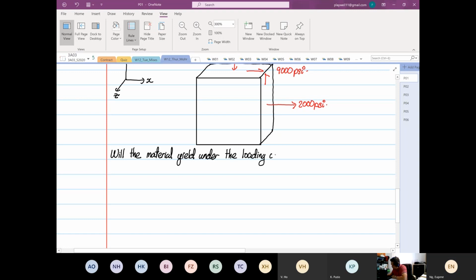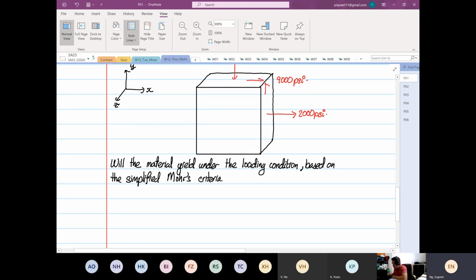And it's going to be based on the simplified Mohr's criteria. As we mentioned before, Mohr's criteria works best for brittle material.